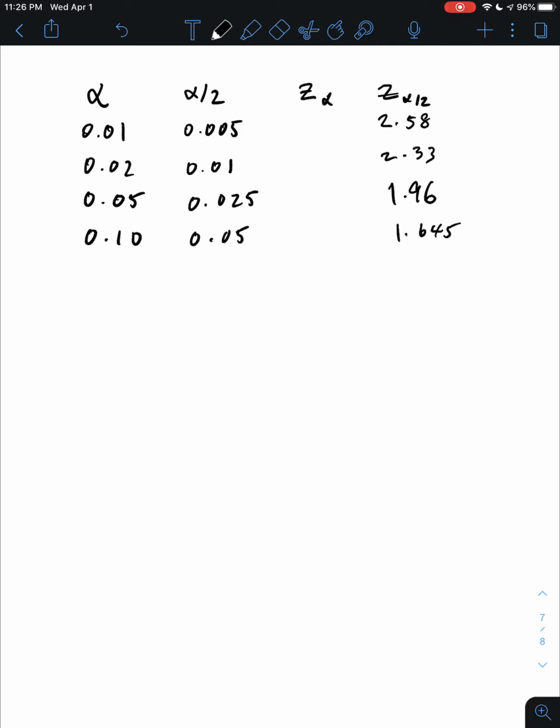The Z sub alpha's corresponding values are very similar, so it's kind of easy to get confused when you use the table for this. You've got to be very clear on whether you're doing a one-tailed test or a two-tailed test.